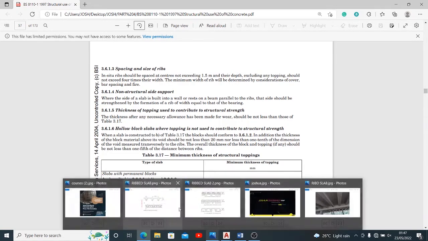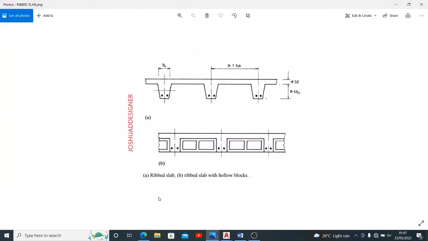Right. If you look at this, this explains the two methods of construction that I spoke about earlier. I spoke about one without permanent blocks, which is exactly this A. Can you see that the spaces between two ribs are open? So it is without permanent blocks.